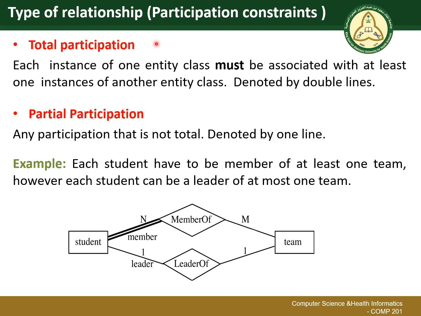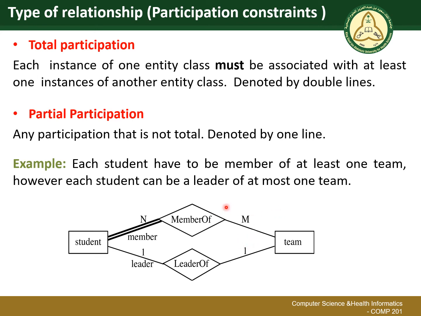If all the entity values are participating in any relation, then this relation is called total participation, and it can be represented by the double lines. And if only a few values of the entity are part of the relation, then it is called partial participation, and it can be represented by the one line.